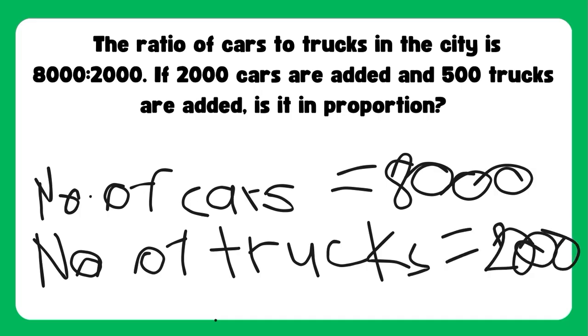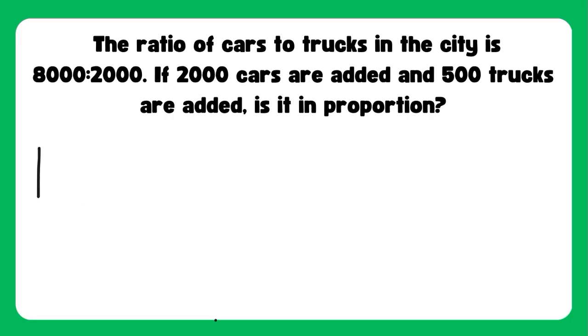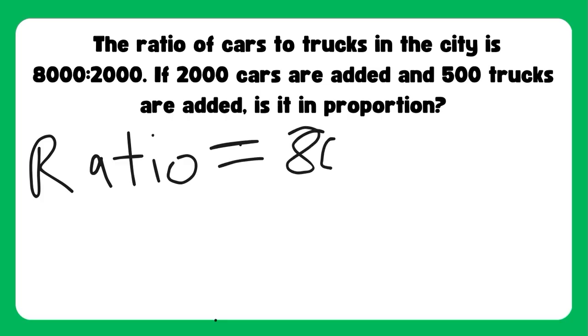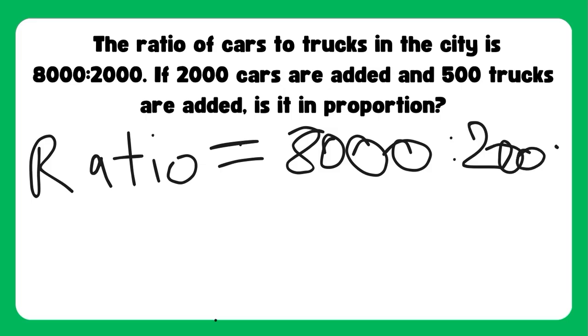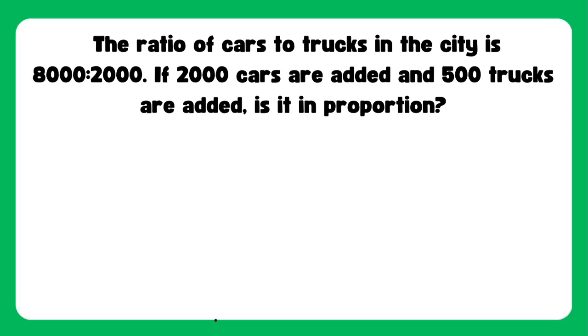So you can say that ratio of cars to trucks is just equal to 8,000 to 2,000, and you can just cancel out the zeros to make it 8 to 2, but no need to do that right now.